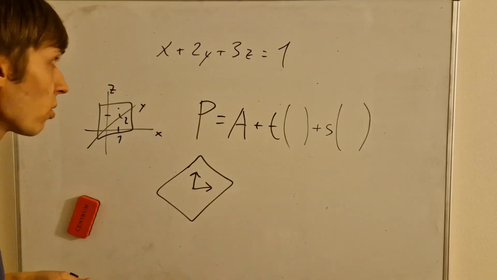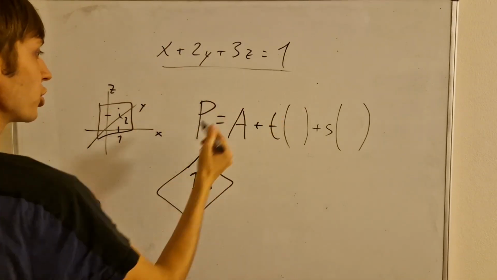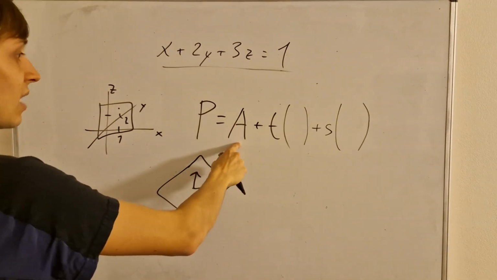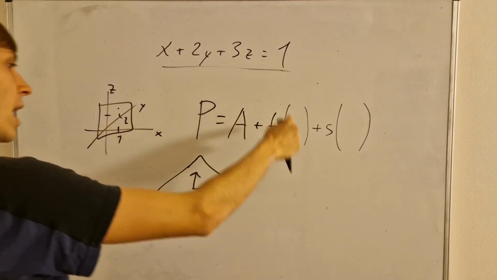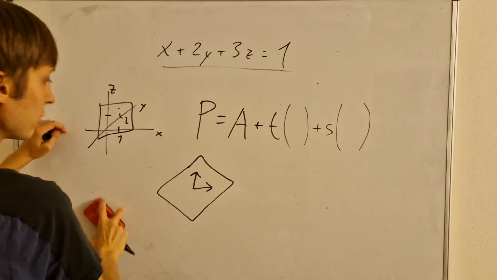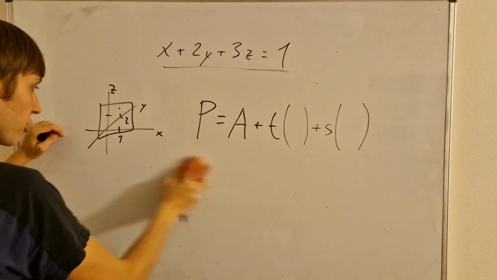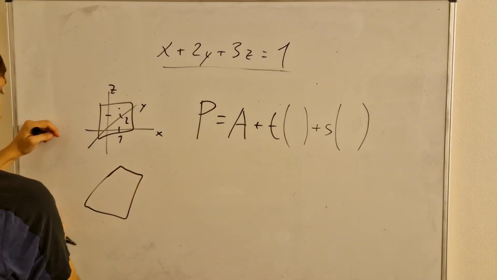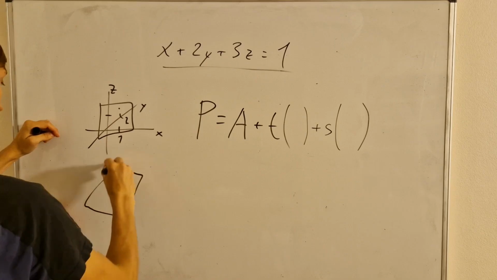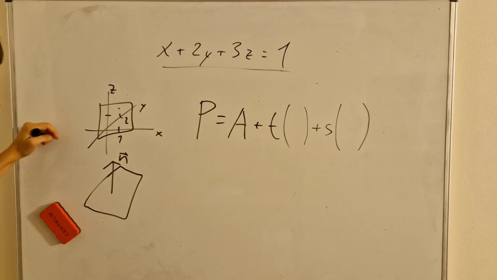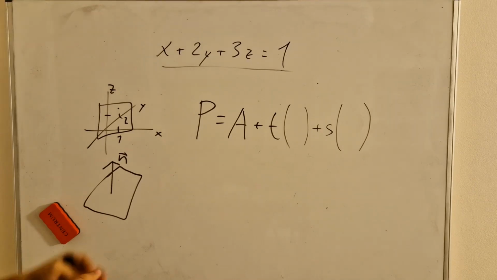So our goal is to convert this expression into this expression, and the only thing we need is an example point on the plane and two vectors that lie in the plane. And how to get that? First thing to note is if we have a plane, there is a perpendicular vector denoted n, the normal vector, that's perpendicular to the plane.